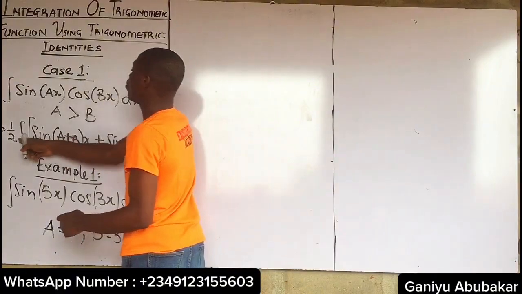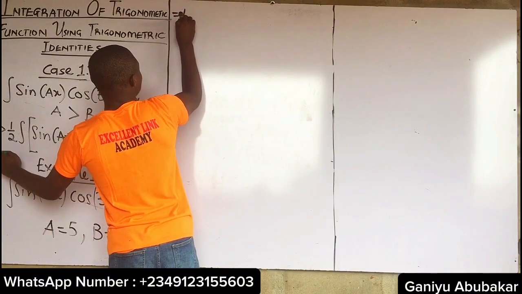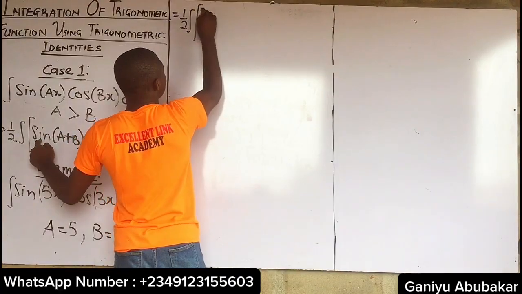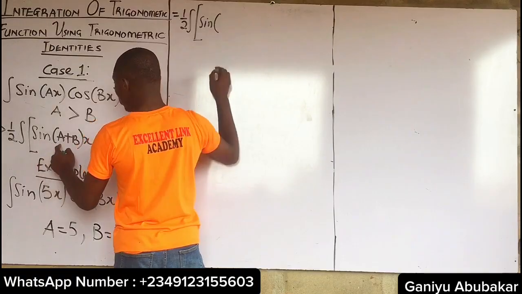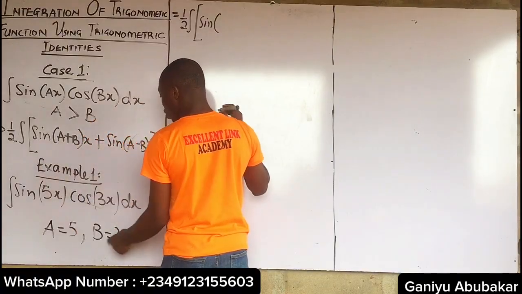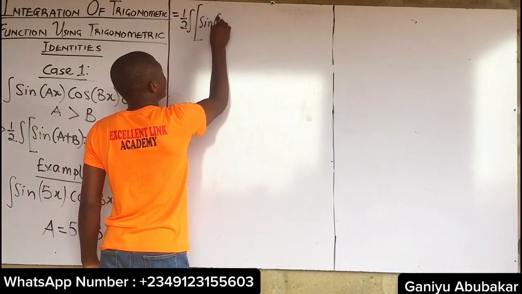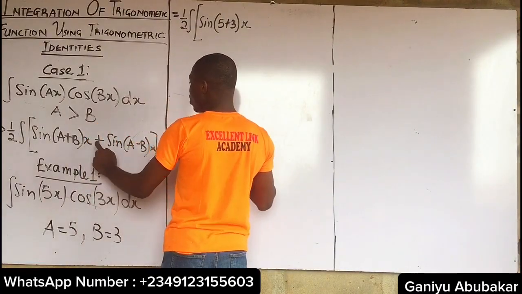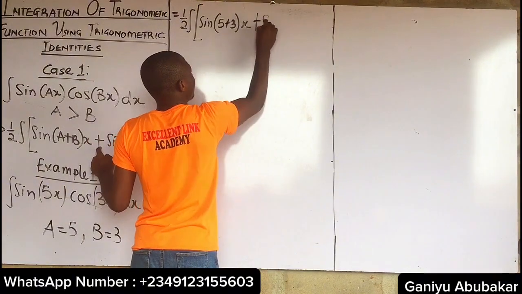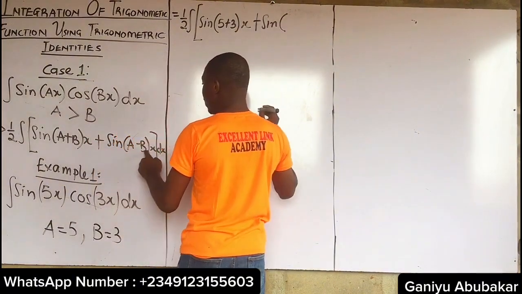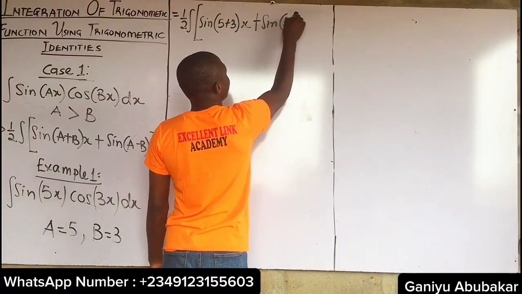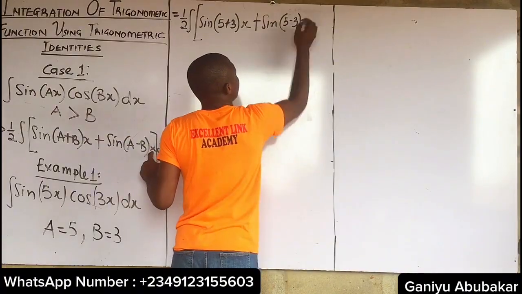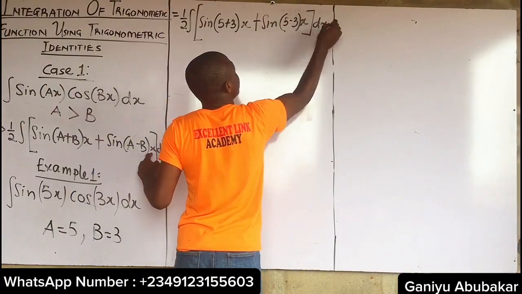That becomes 1/2 integral of sine (a plus b)x, that is 5 plus 3 of course x, plus sine (a minus b)x, that's 5 minus 3 of course x, dx.